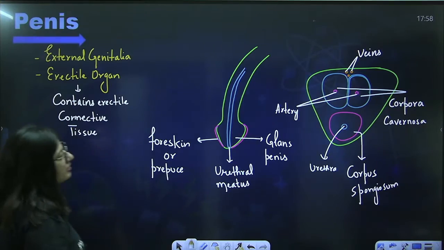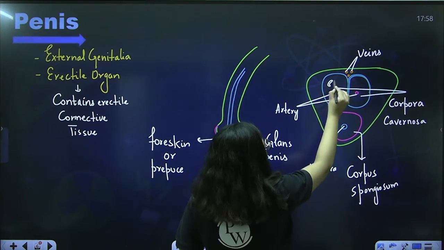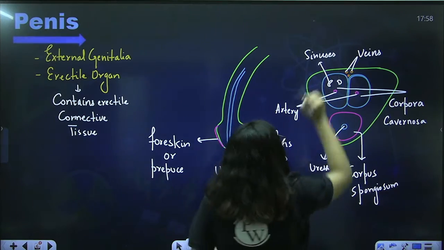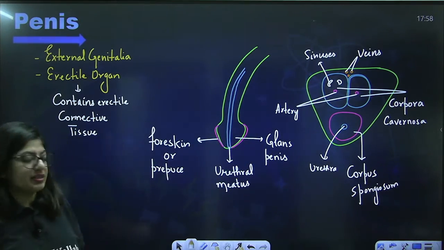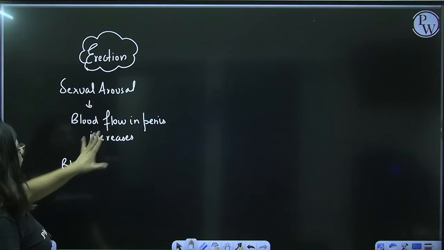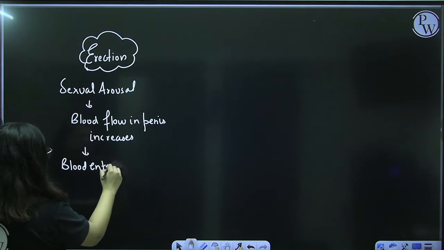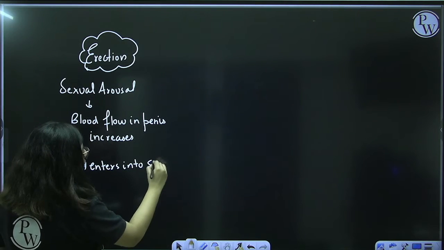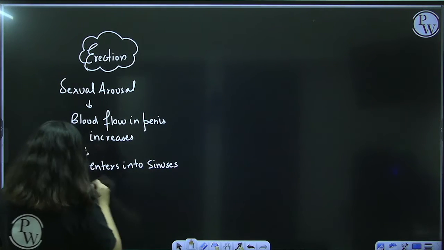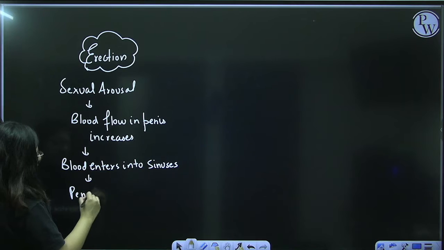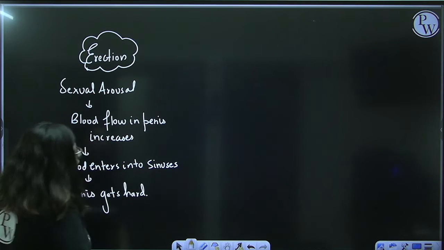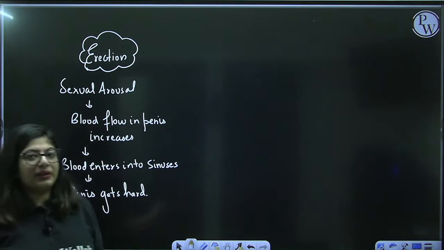In the penis there are certain open spaces present. You call them sinuses. So, the blood enters into these sinuses, right? As a result, the penis gets hard. So, this is one role of the penis.